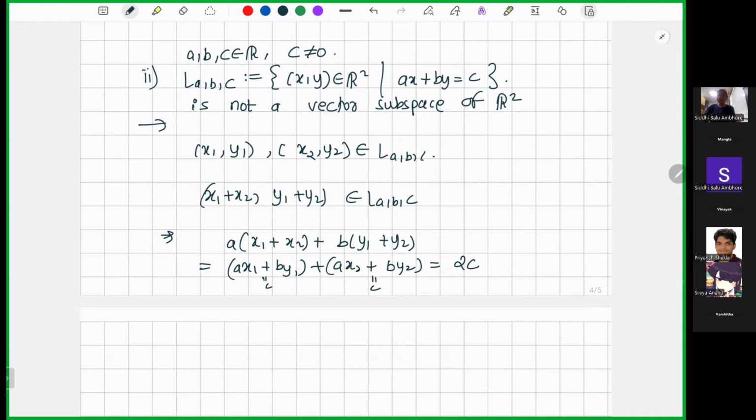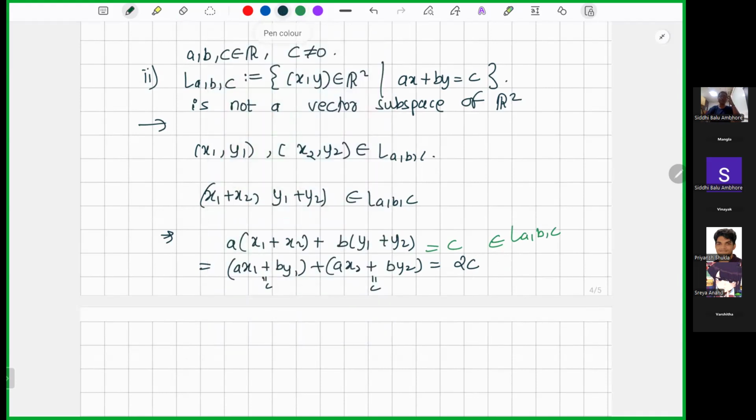So this is 2c, but for this to belong to LABC, I wanted this to be equal to C, right? So the condition for the addition of two vectors to land in LABC is not satisfied.